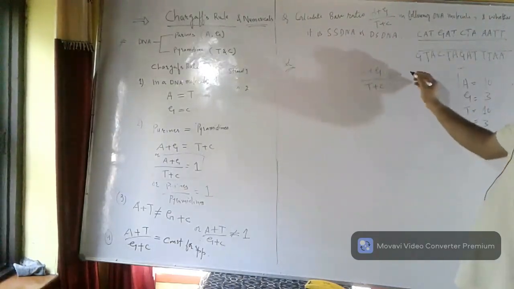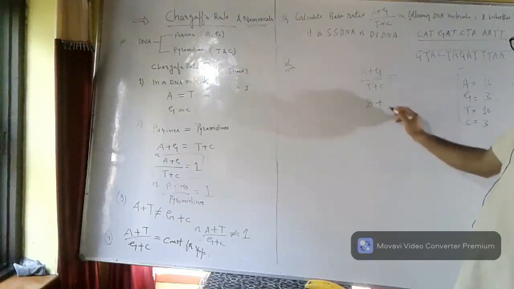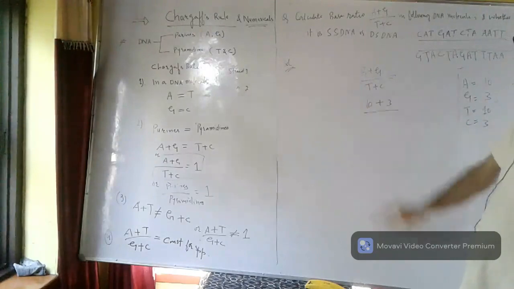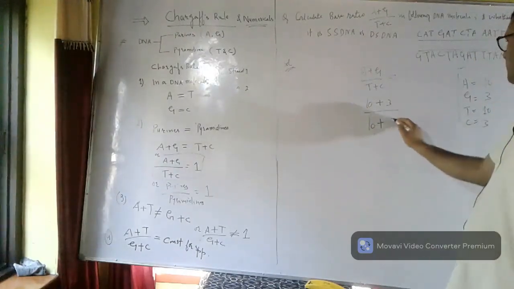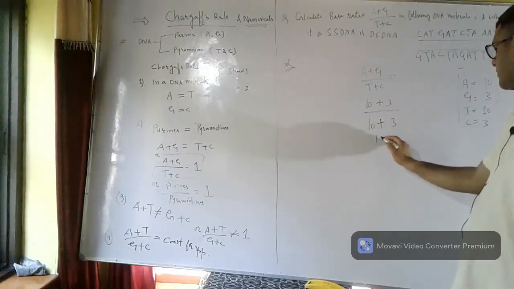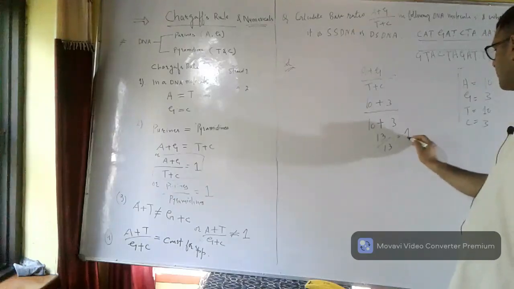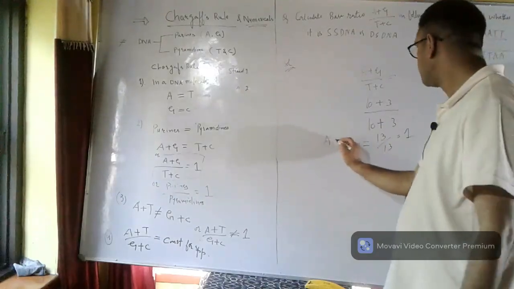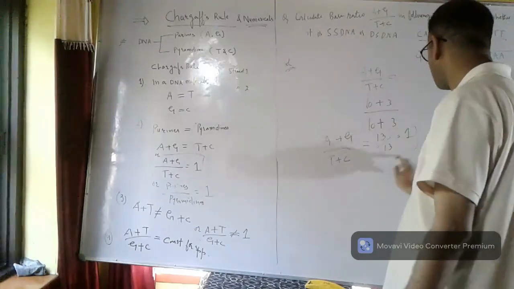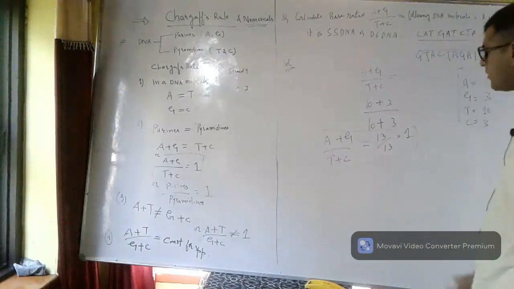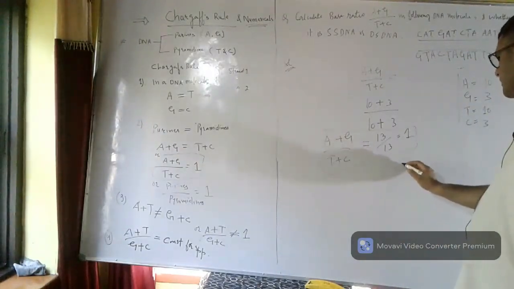So we have adenine 10 plus guanine 3, by thymine 10 plus cytosine 3. So 13 by 13, that is equal to 1. That means adenine plus guanine by thymine plus cytosine is equal to 1. Therefore, this is a perfectly double-stranded DNA molecule.